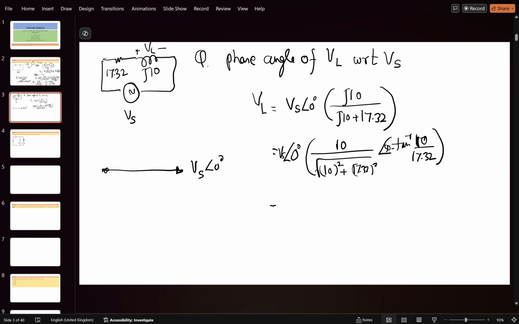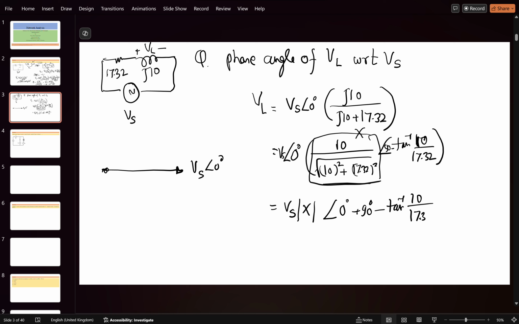So what will be the phase angle? Suppose I assume this term is x. The magnitude will become mod of x, and the angle will become 0 degree plus 90 degree minus tan inverse 10 by 17.32. When you solve this, it comes out to be 60 degree.